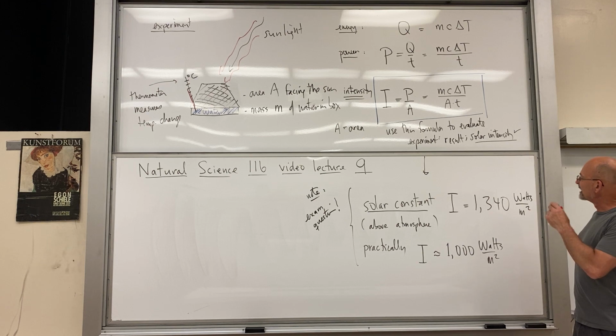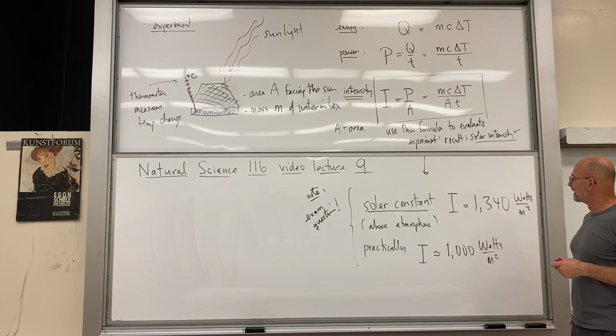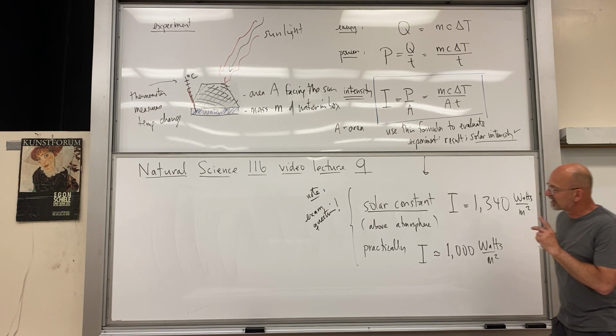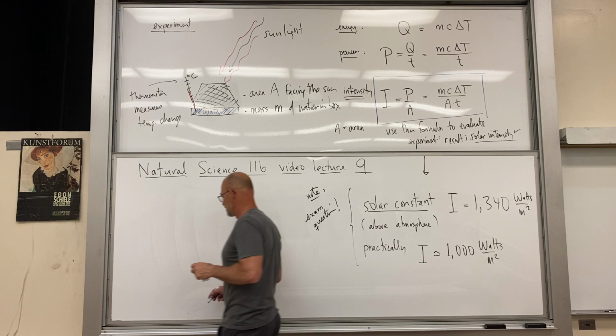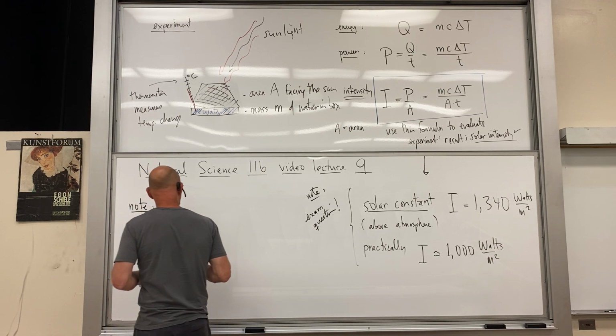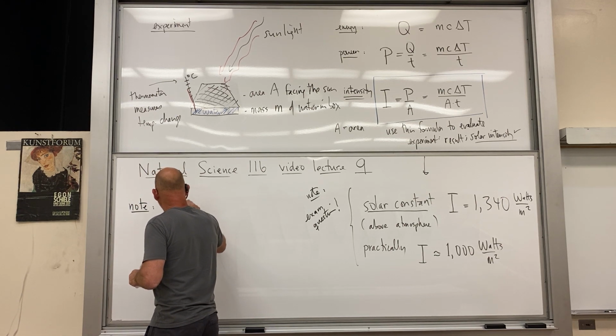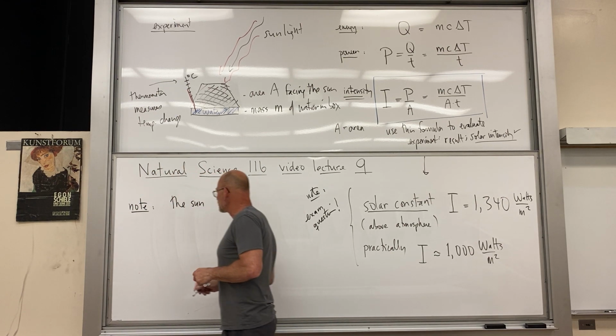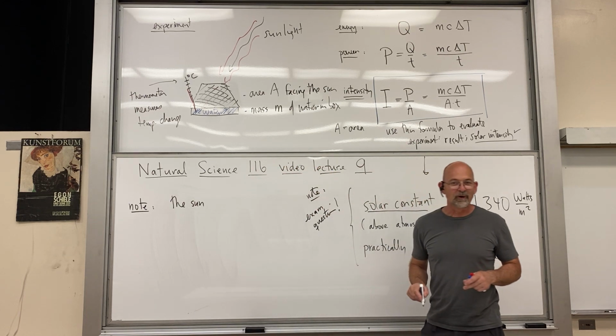Okay, there's a couple of related things that I'm going to put up, but we'll start with that. Let me add a couple of notes. The sun, of course, does not shine 24 hours a day, does it?